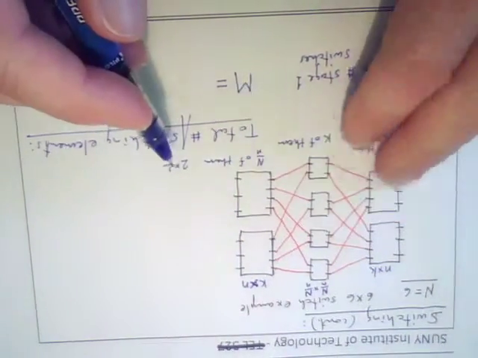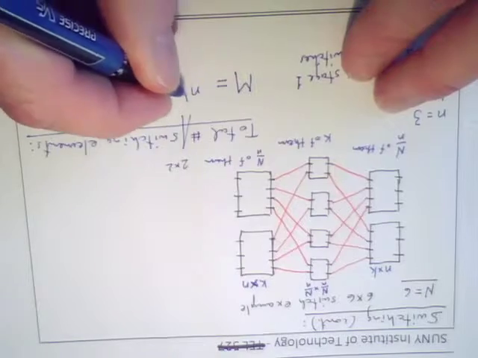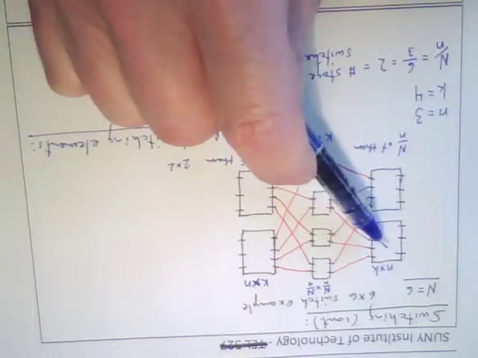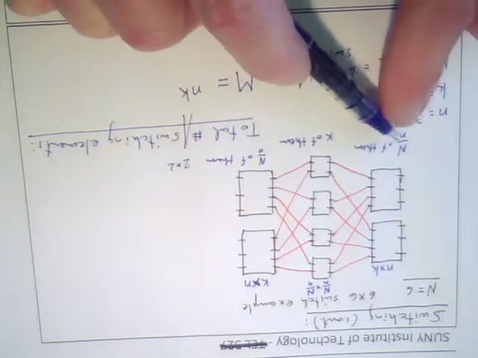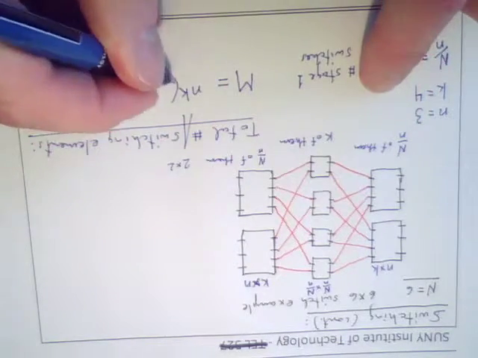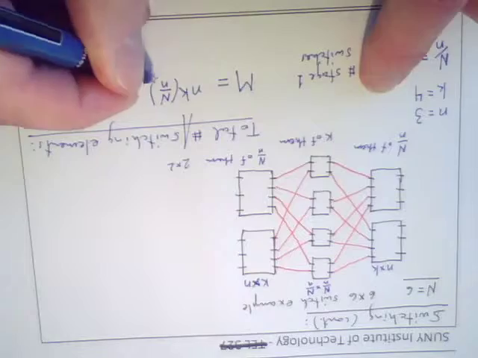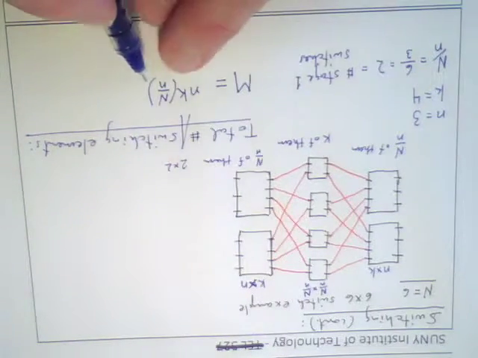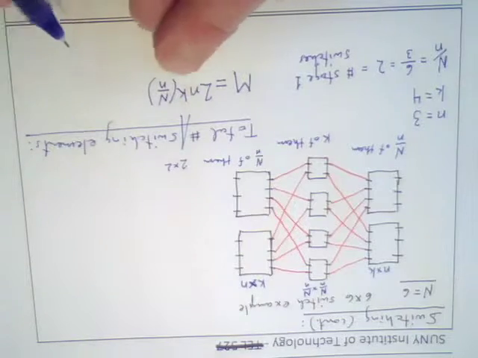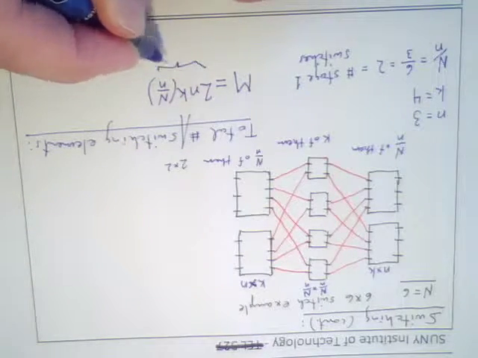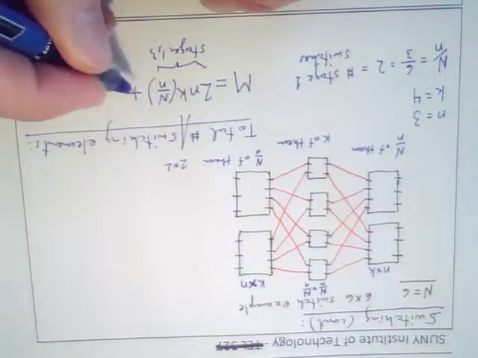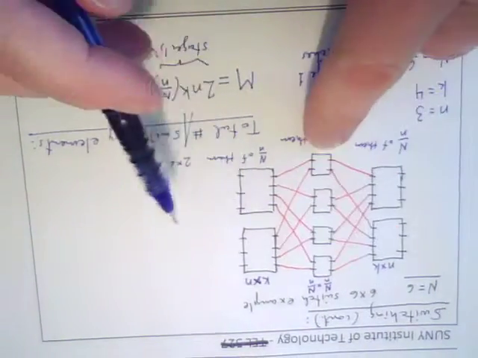So in stage 1 we have n times k switching elements per switch, and we have capital N divided by little n of those switches. And so that's the number of switching elements in stage 1. I'm going to multiply that by 2 for stages 1 and 3, and then I'm going to add the number of switches in stage 2.